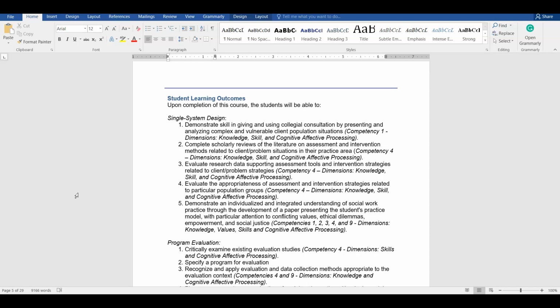This is some of our learning outcomes. You did learn a little bit about single system design last semester. Well, actually, some of you may have taken 555 earlier than last semester, but single system design. Just as a reminder, I guess I can call it the simplest way of research design. However, simple doesn't mean that it's not effective or it's less appropriate.